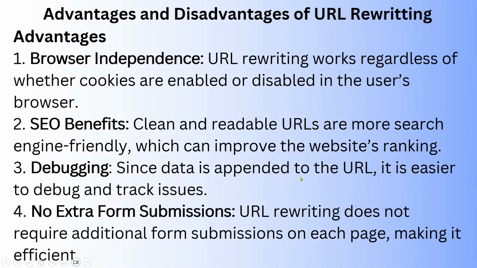Since data is appended to the URL, it is easier to debug and track issues. And next is no extra form submissions. URL rewriting does not require additional form submission on each page, so it is efficient.